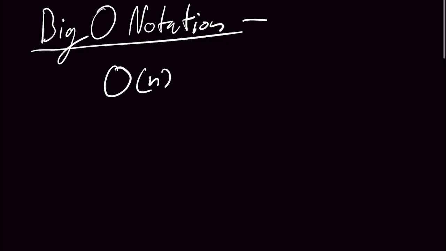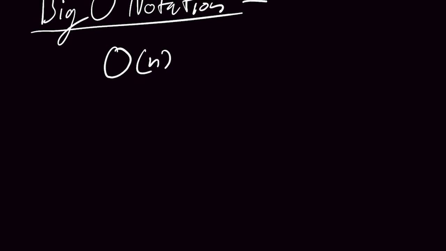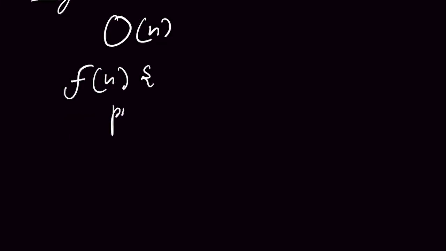So let's take a regular function. Let's say you have a function that just prints whatever variable you passed. This function is going to take n, and it's going to print n.